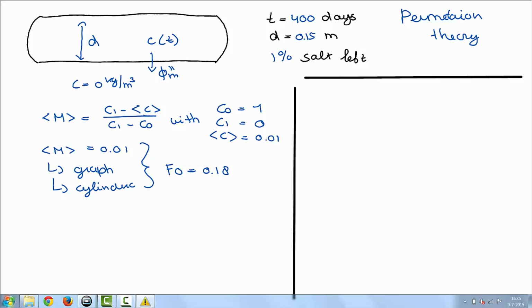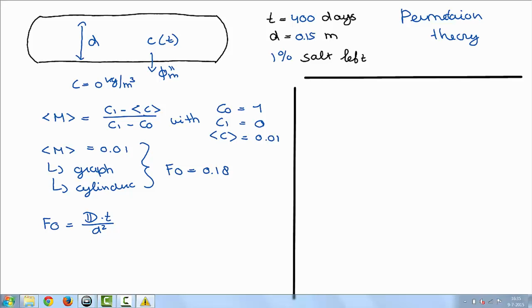Then the next objective was to find the diffusion constant for salt inside the marble piece. You can write Fourier's number as the diffusion constant times time divided by d squared. This is one you have already seen.